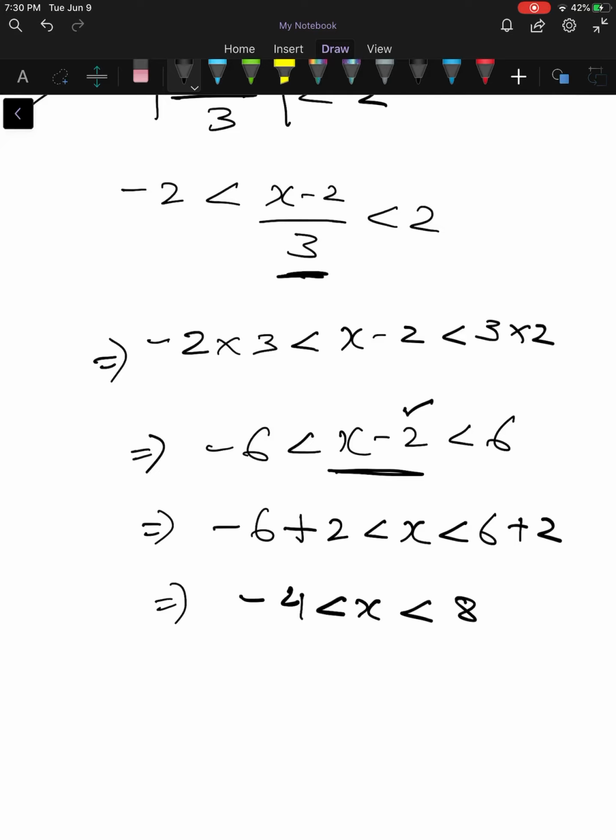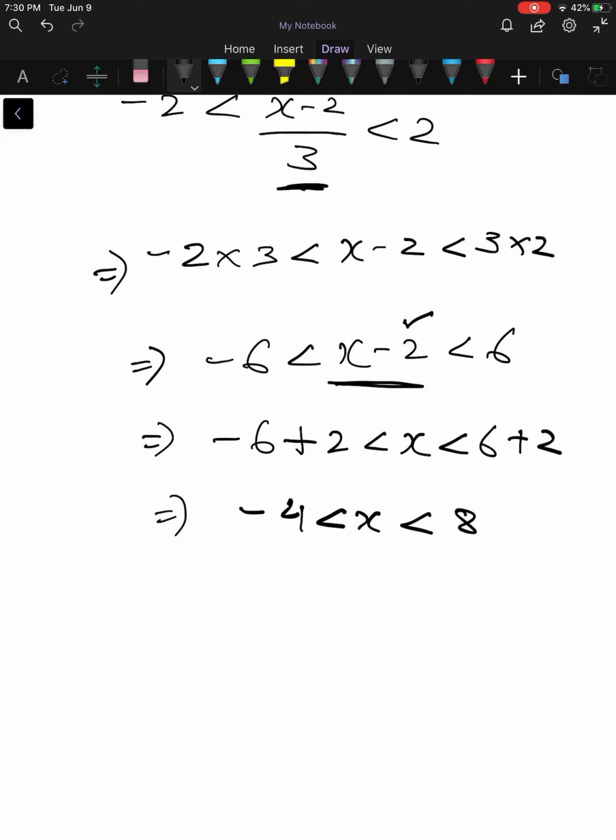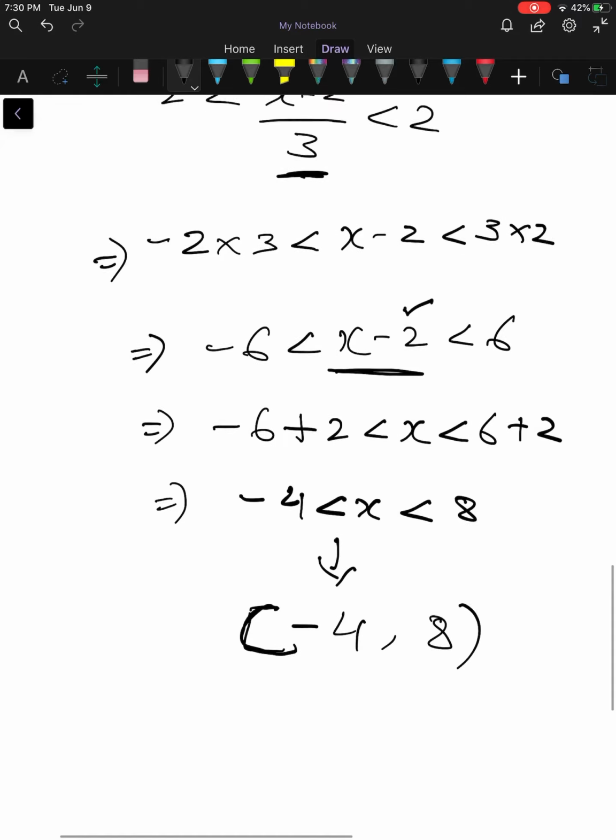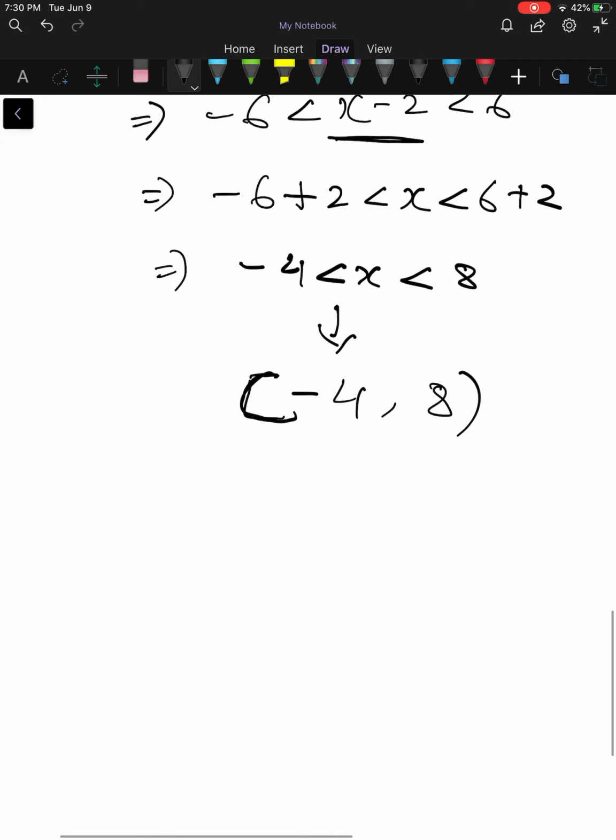Upon expressing this as an interval, we will get open interval negative 4, because it is not less than or equal to, it is strictly less than, and open interval 8. So this is how you solve absolute value inequalities using your properties.